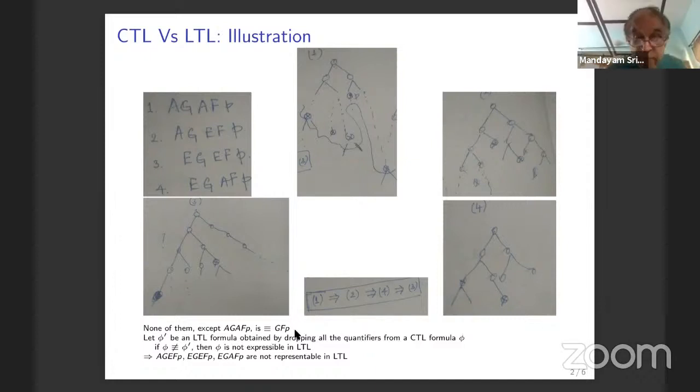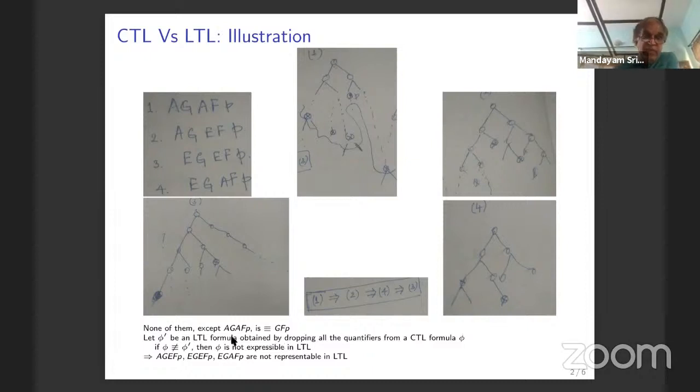Okay, it's not as simple as that. But what you have is the following result, and you can use it sometimes to compare CTL and LTL.